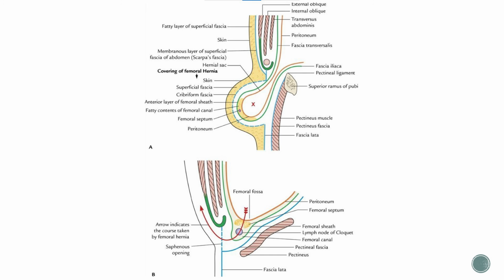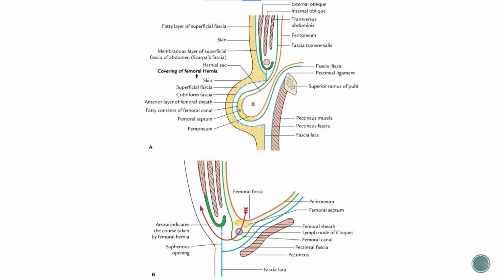Through that saphenous opening, it bulges forward. The coverings, as you can see here, are skin superficially, then the superficial fascia, then the cribriform fascia, then the femoral canal, the fatty contents, the femoral septum, and finally the peritoneum.